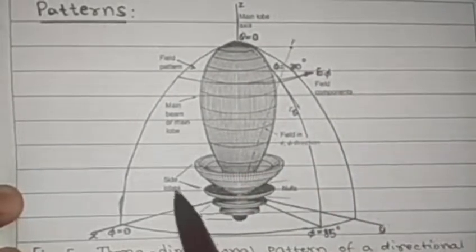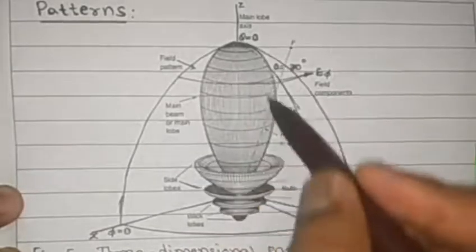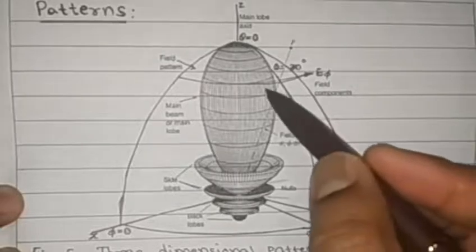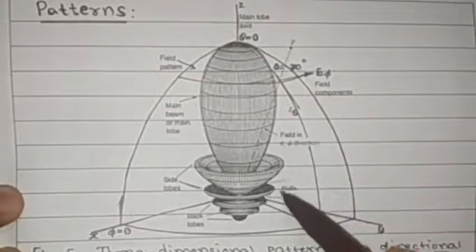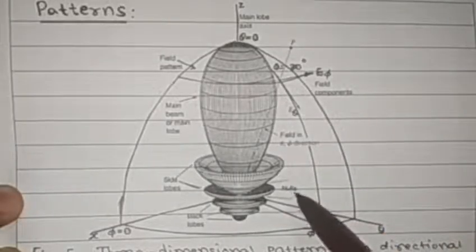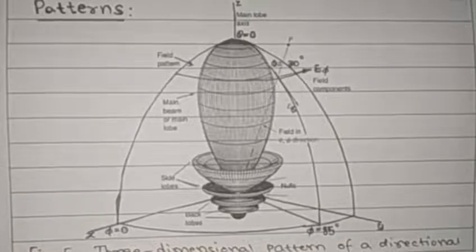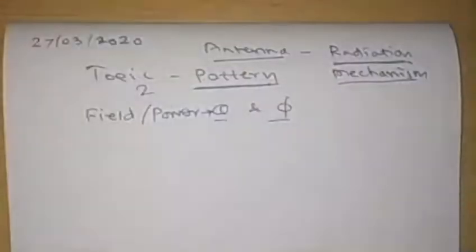You can see here, apart from the major lobe, there are side lobes and a back lobe, and between two side lobes there is also a null, which indicates there is no radiation happening in this direction. So let's now define these terms in detail.